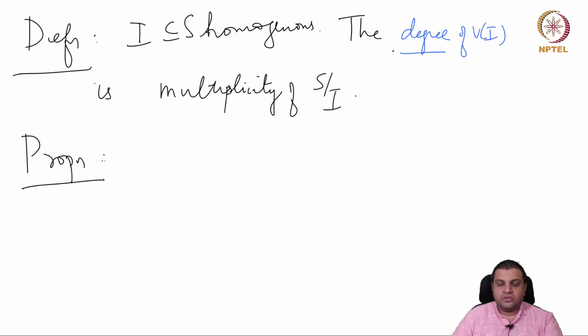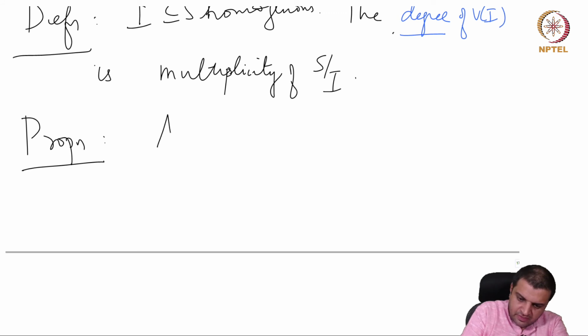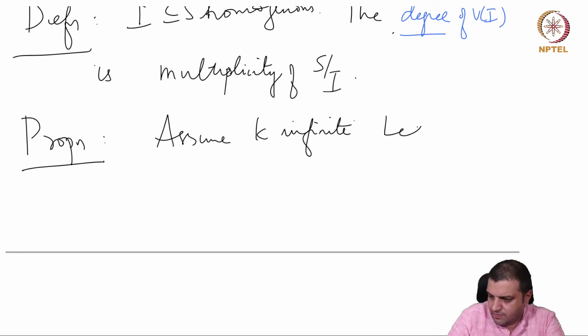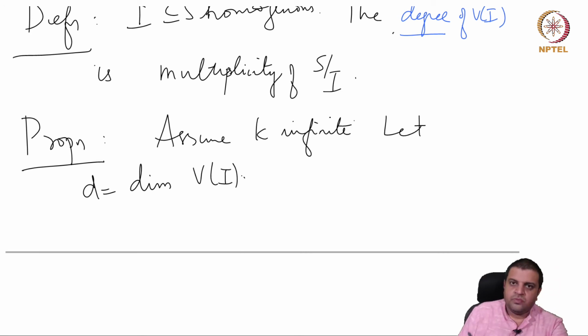And here is a proposition, the sort of geometric explanation behind degree. With notation as above, assume K is infinite. Let D be equal to the dimension of V(I).